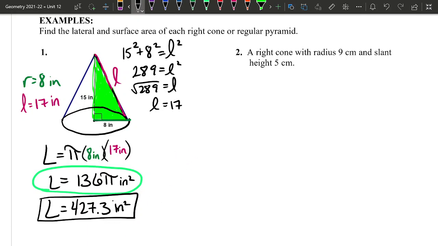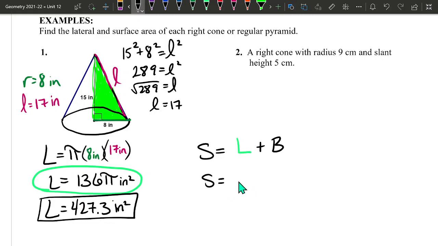All right, so then I found the lateral area. So if I want to find the surface area, it is L plus area of the base. I'm going to do it that way. And I have that, so I can plug it in.